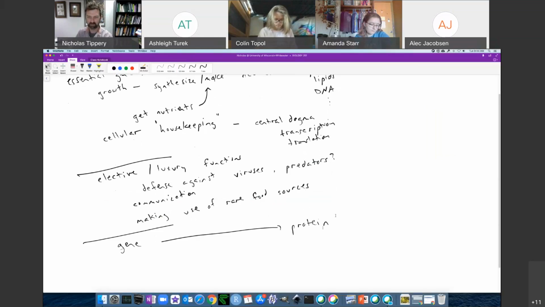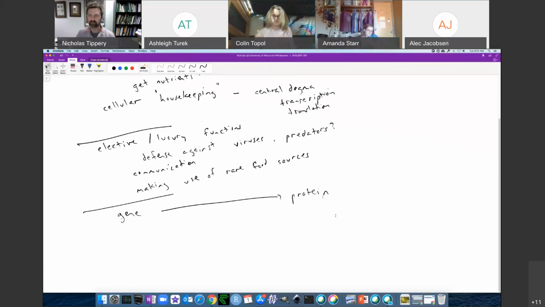Prevent it from getting copied. So like DNA replication? Yes.